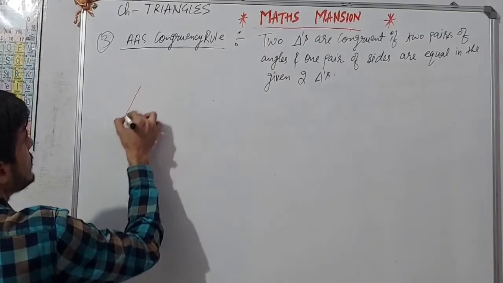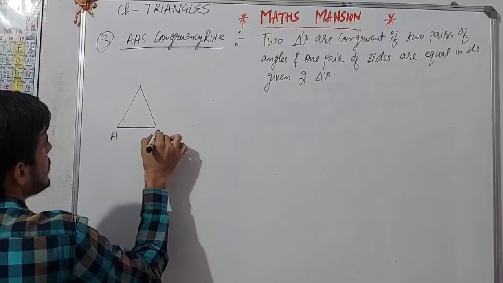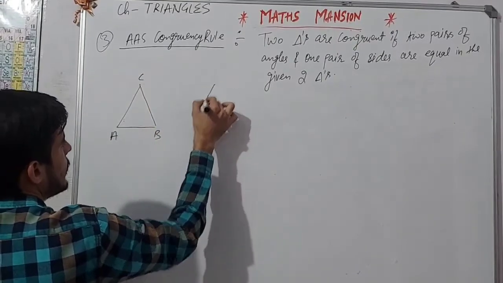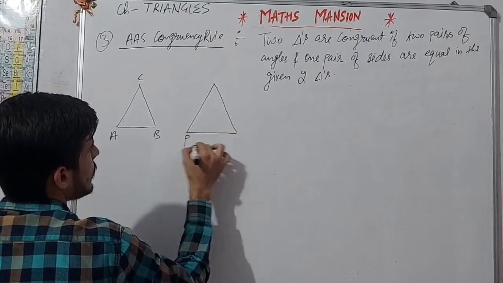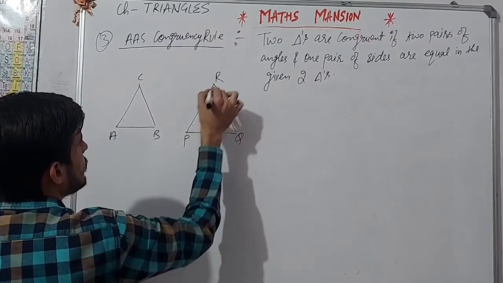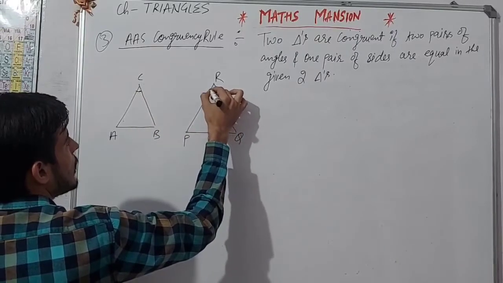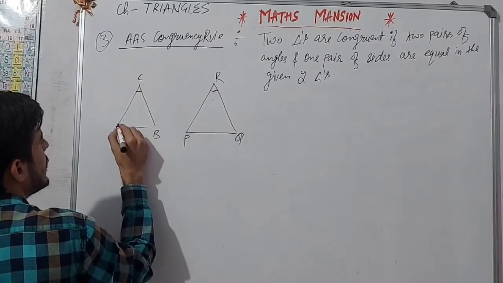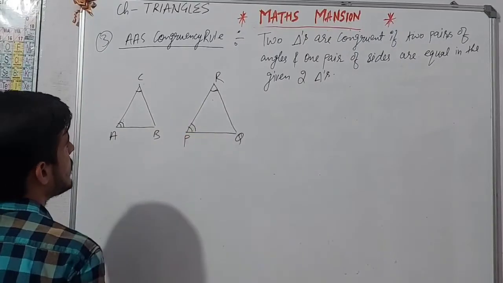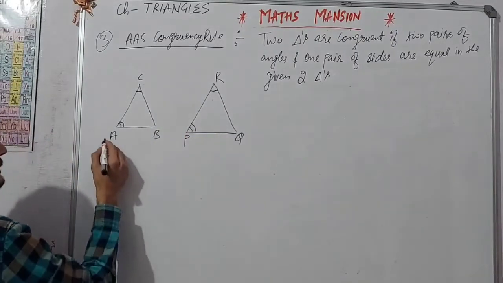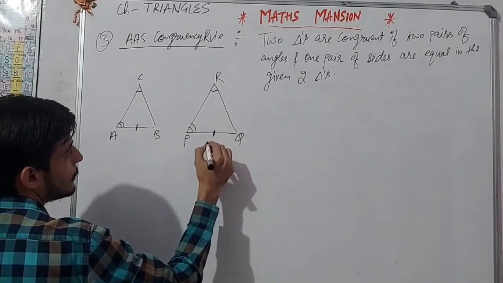Symbolically, we can say that triangle ABC is congruent to triangle PQR if angle C is equal to angle R and angle A is equal to angle P, and also side AB is equal to side PQ.